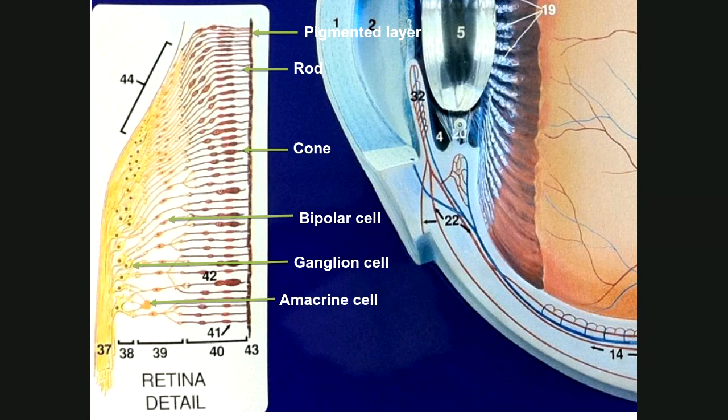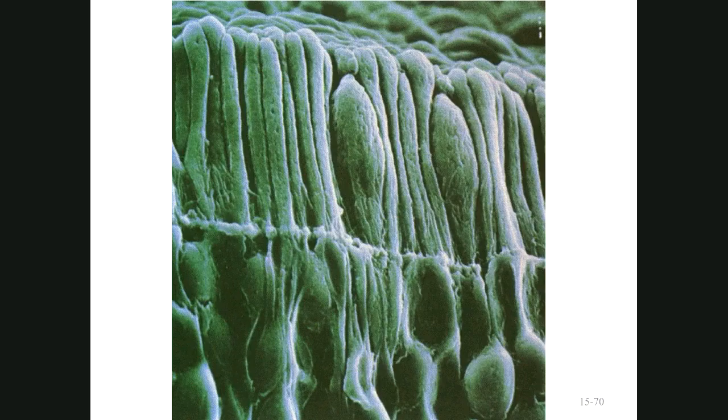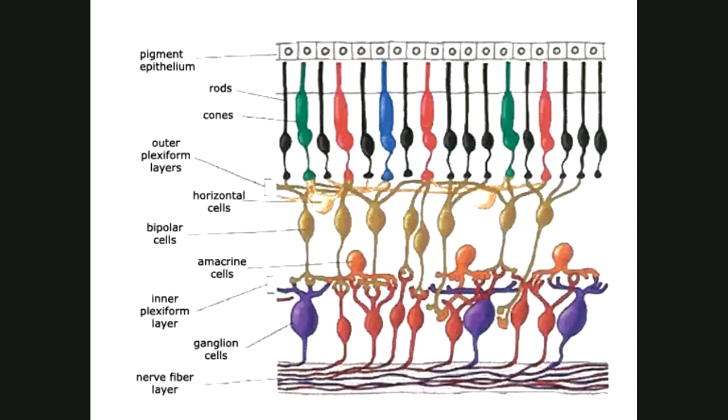We also have some helper cells in here, little weird cells, which are called amacrine or horizontal. So we go back to this picture here. Here's the amacrine cells. And here's the horizontal cells. But there's our rods and our cones.